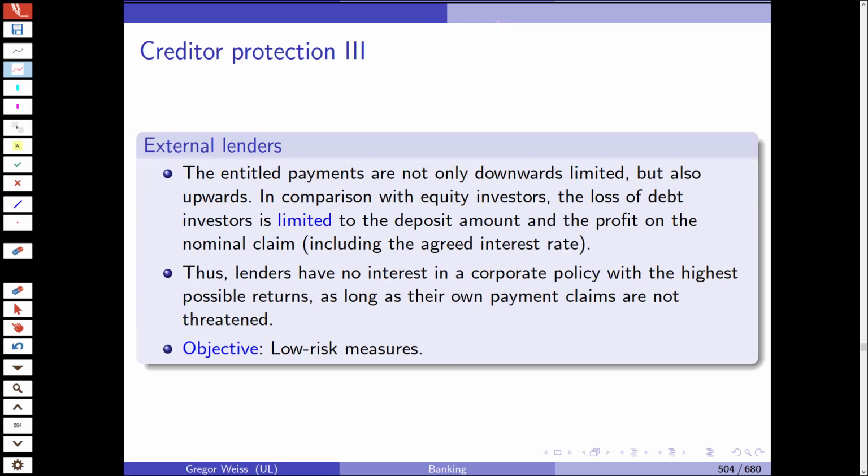The external lenders, creditors, debt holders, are entitled to the debt that they've given to the company. In comparison with equity investors, however, the loss of debt investors is limited to, for example, if they are depositors, the deposit amount and the profit on the nominal claim. So you only get your deposits back, tops, plus the agreed interest rate.